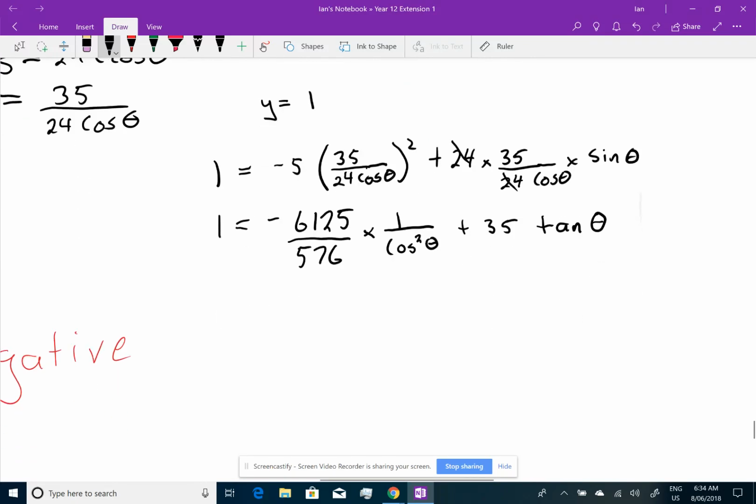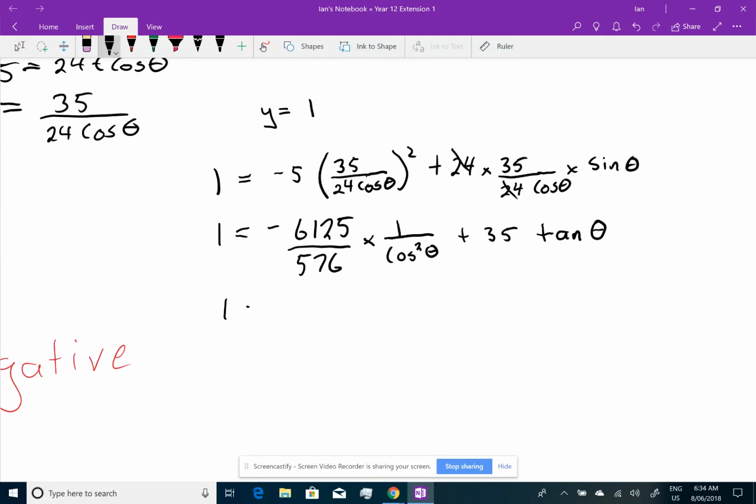Okay, here we go again. 1 equals negative 6125 on 576. Now 1 on cos squared is sec squared theta plus 35 tan theta.